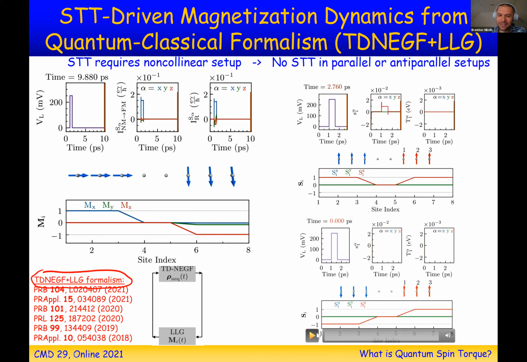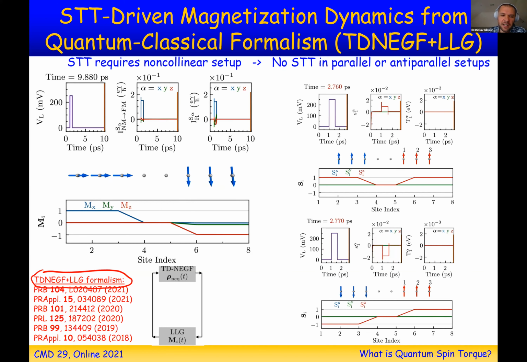Even though I know that this is also not going to lead to any effect, the referee was trying to pull some papers from 20 years ago, Boltzmann equation, semi-classical transport, and so on. This formalism is far superior to anything from 20 years ago because it's a quantum-classical formalism which evolves everything in time, quantum electrons and classical localized spins, and you can see that nothing happens.